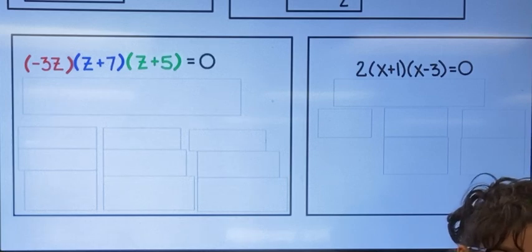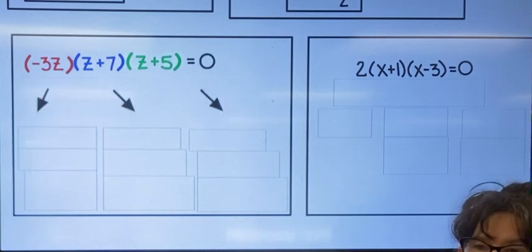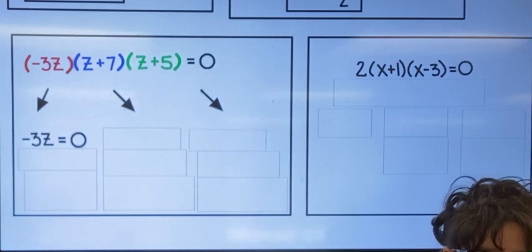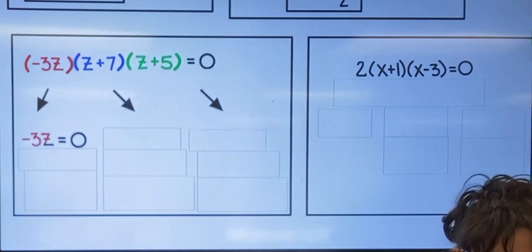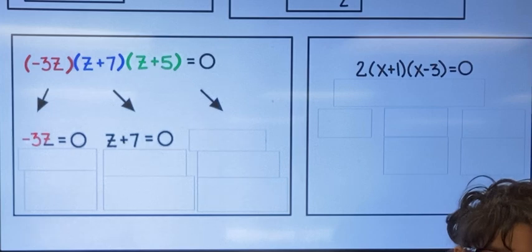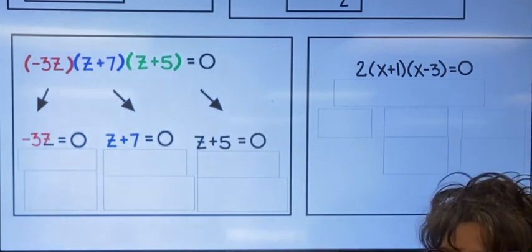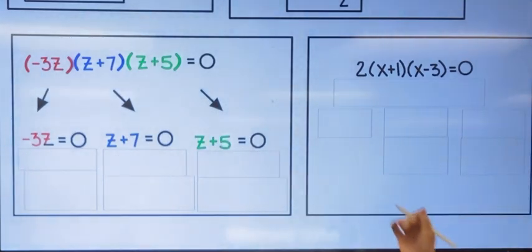So we want to find out what number makes each one of these equal 0. So we're going to set the red one equal to 0. I'm going to set the blue one equal to 0. And then lastly, I'm going to set the green one equal to 0. Solve each individual.